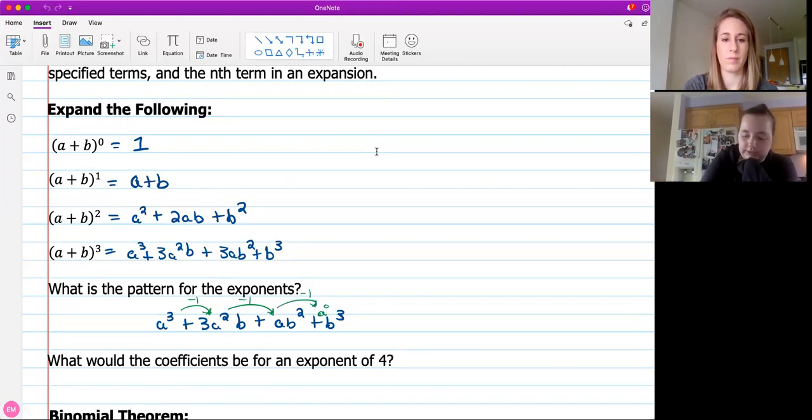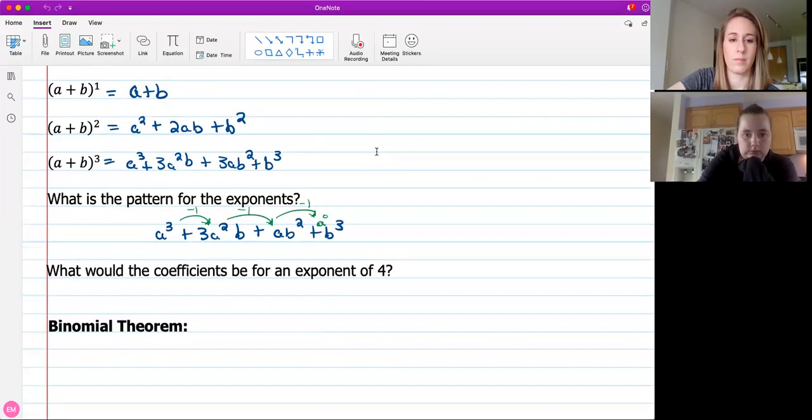And then if we look at the b terms, we would have b to the 0 here. And then we would add 1 to get to b to the first, and then we would add another one here, and then we would add another one here.